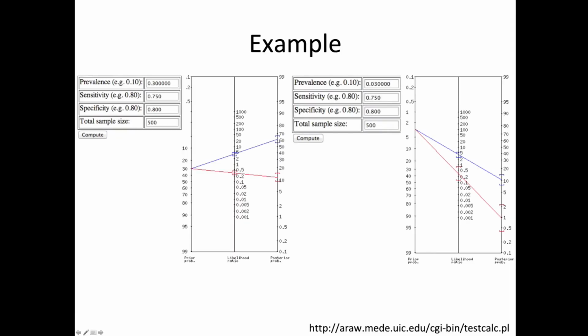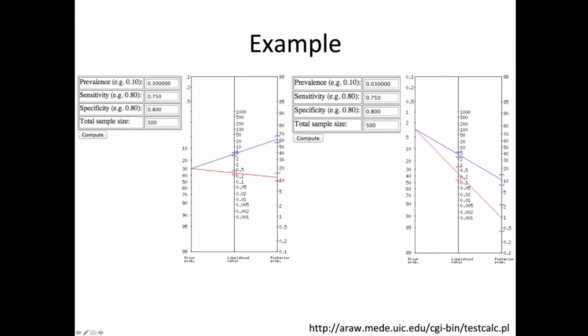So here are some examples. Let's say you have our first example. We had a hypothetical prevalence of 30%. So everybody, before they get the test, has a 30% chance of having the disease. Then based on our sensitivity and specificity values, having a positive test gives you a likelihood ratio of about 5 of having the disease.